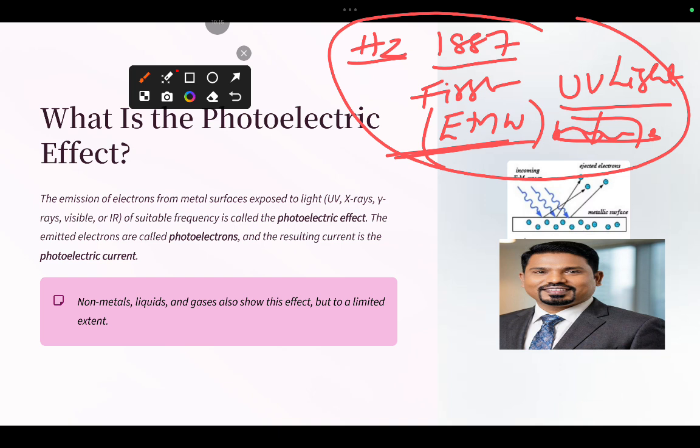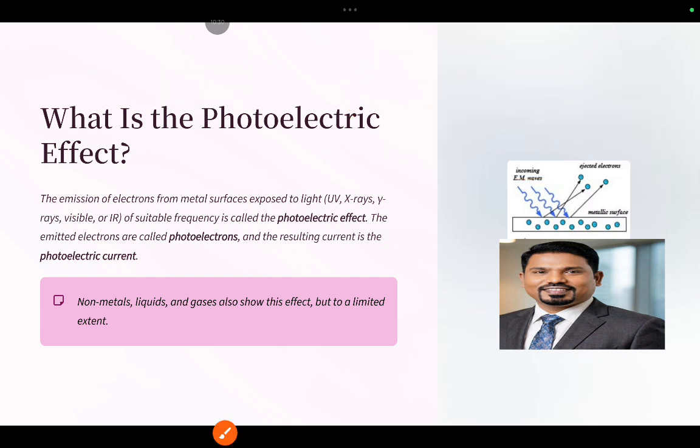So that is what Heinrich Hertz proposed in 1887, the first person to observe the photoelectric effect. Next, the experimental studies by Hallwachs and Thomson.